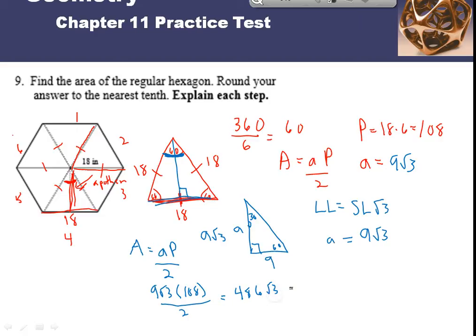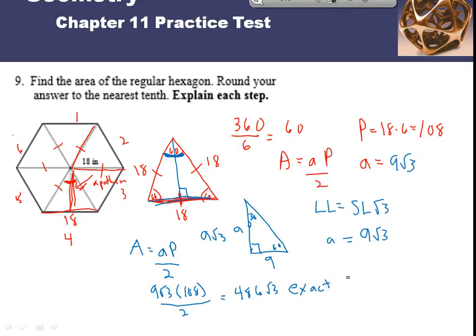And that would be my exact answer. But it's asking for the nearest tenth, so I'm going to have to multiply that by radical 3.